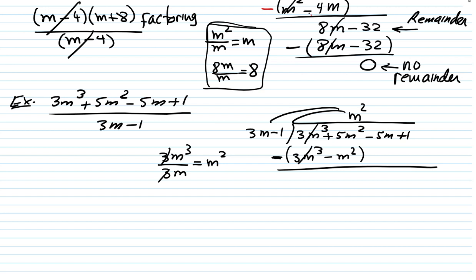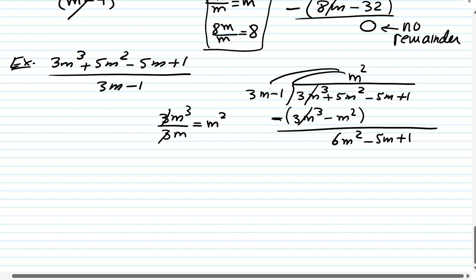The first terms are opposites, they add to 0. Negative times negative is positive, so this term is m squared, 5m squared plus m squared, so that would be 6m squared negative 5m plus 1. Okay, got that one.